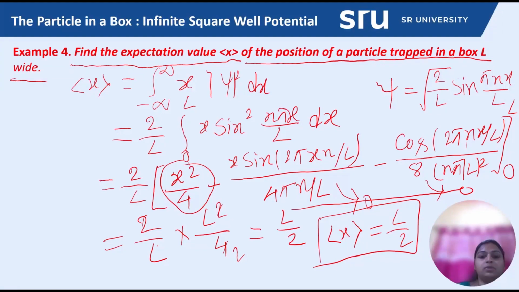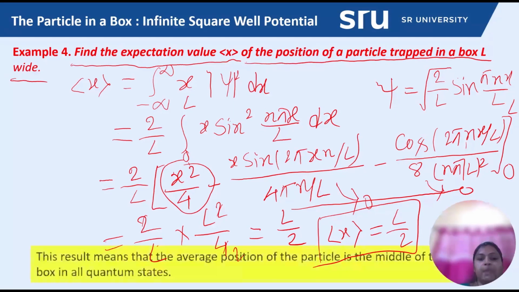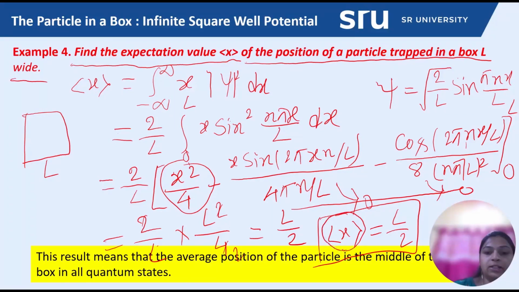So this result means that the average position of the particle is the middle of the box, because our box length is L, and here we have found the expectation value of position, that is x equals L by 2.